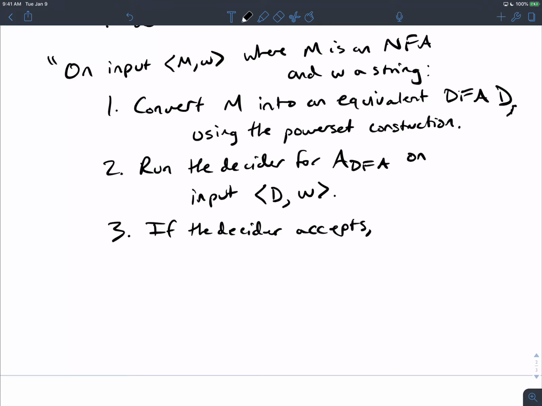Accept, because the DFA that we made has the same language as the NFA that we were given. So if the DFA says yes, we should also say yes. Okay? I may be going way too slow here, or am I still going too fast?